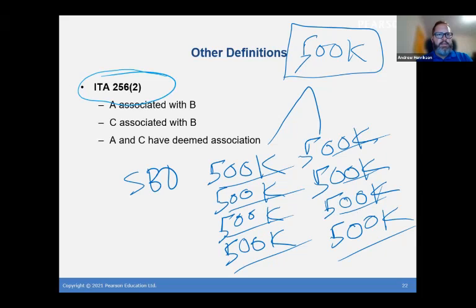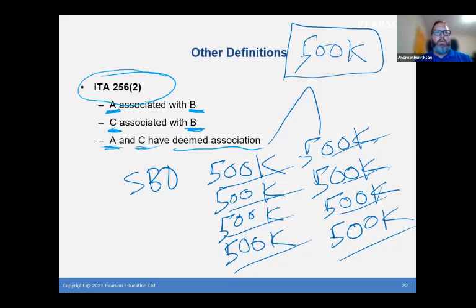What this says is that if A is associated with B and C is associated with B, then A and C will be deemed to be associated. In other words, even though the other rules wouldn't put A and C as associated, because they're each associated with another company, they will be deemed to be associated for purposes of tax with each other.